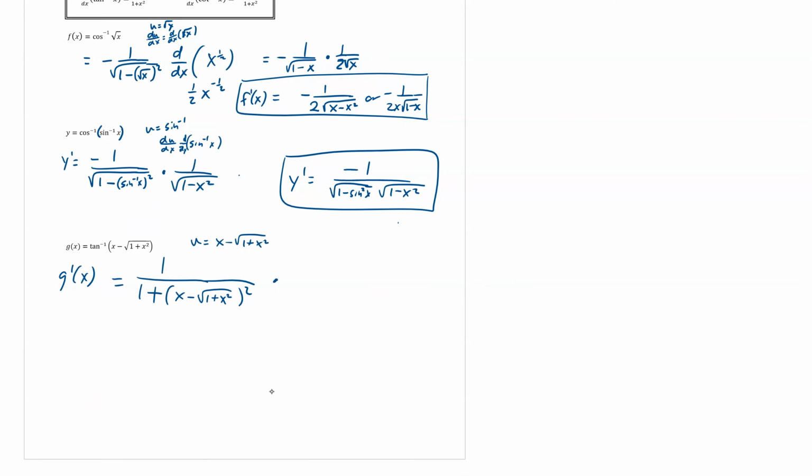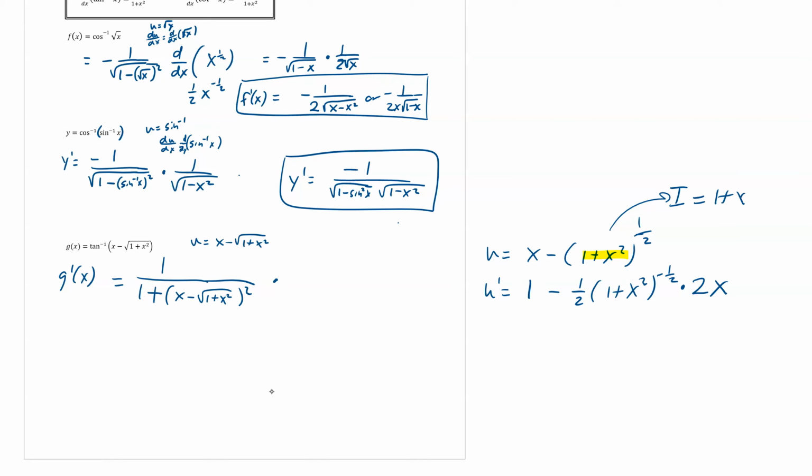So we're going to go u equals x minus parenthesis 1 plus x squared to the positive 1/2. And we take our derivatives. That's 1 minus 1/2 times 1 plus x squared to the negative 1/2, times, and now we've got to do the derivative of the inside. So our inside here is 1 plus x squared.